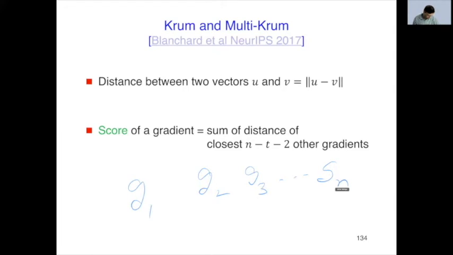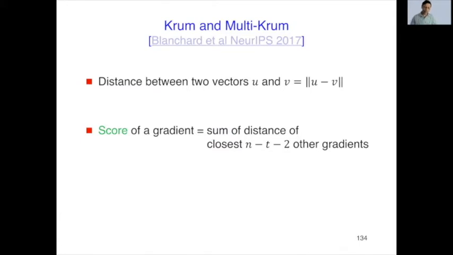You'll compute the distance between G1 and G2, G1 and G3, all the way to G1 and Gn. Now these distances are just non-negative real numbers. Then we find the closest n minus t minus 2 other gradients from the n minus 1 other gradients, meaning the ones with the smallest distances, and compute the sum of those n minus t minus 2 distances. That gives you the score of one of the gradients.